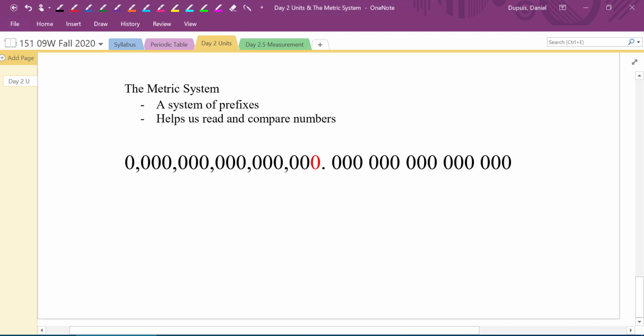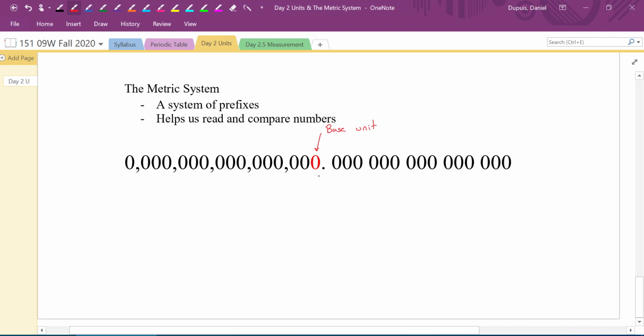And we're going to use the metric system just where we need it to be. So we've got the base unit here.